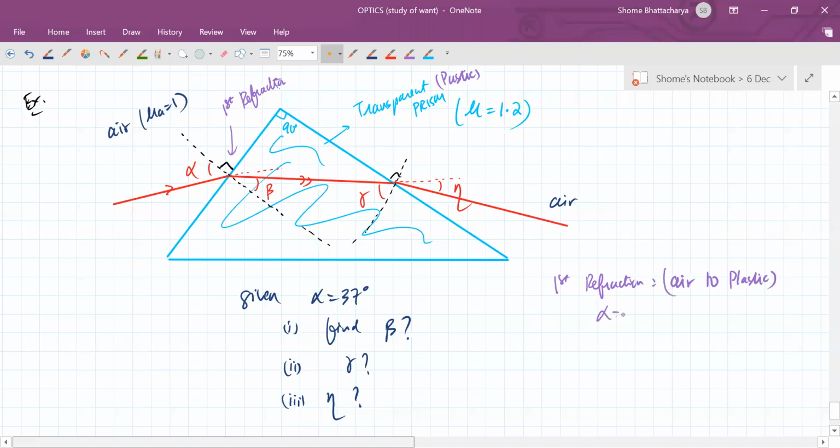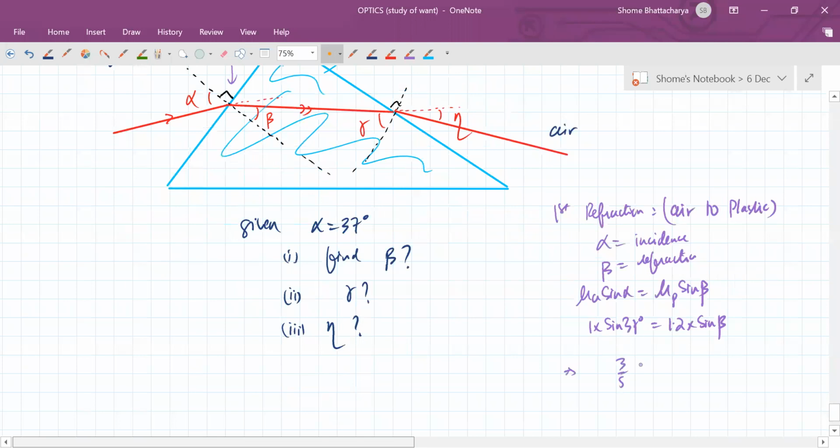So in this, alpha is the angle of incidence, and beta is the angle of refraction. So what is happening? Refractive index of air into sine alpha should be equal to refractive index of plastic into sine beta. So 1 into sine 37 should be equal to 1.2 into sine beta.